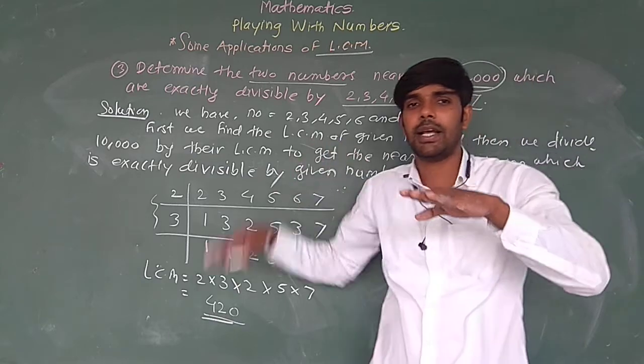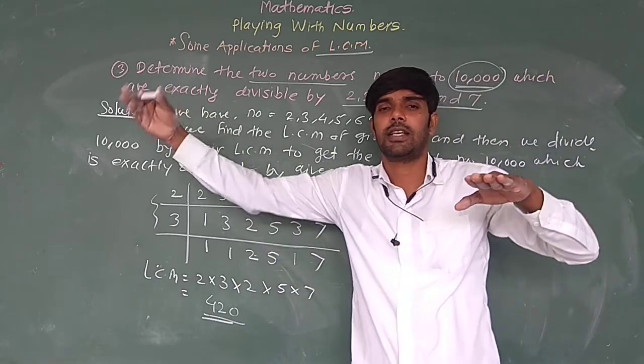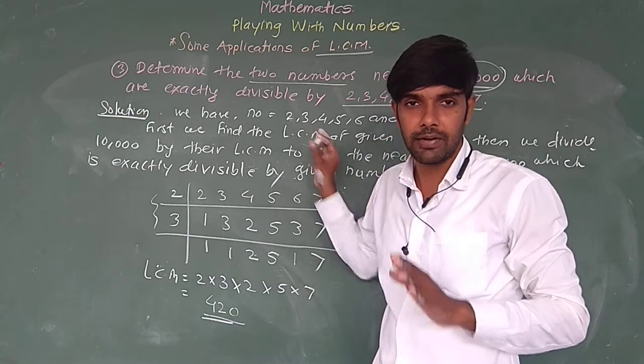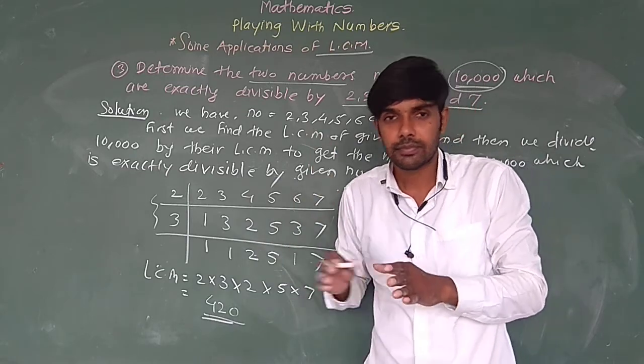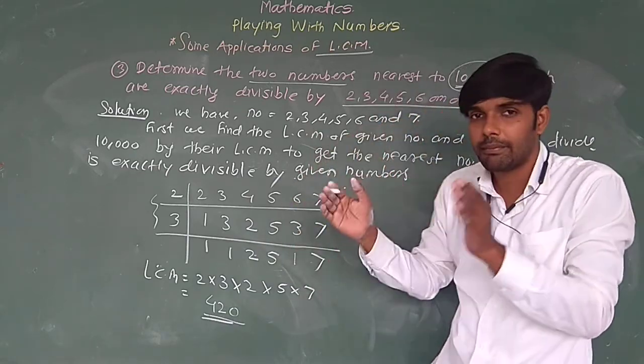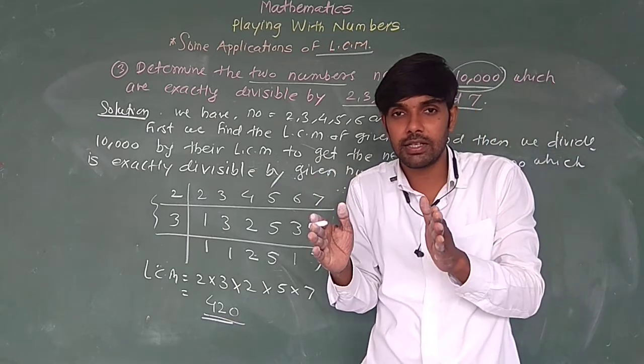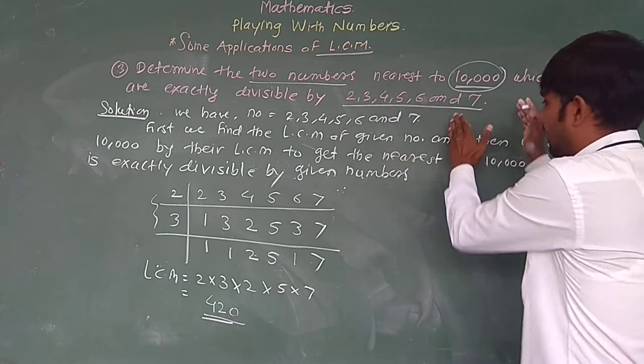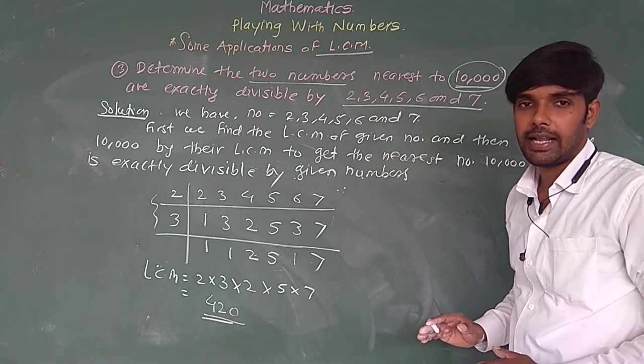Like this, we multiply the given number by 3, 4, 5, 6, 7, and all these numbers are exactly divisible by the given numbers. But here we want the number which is nearest to 10,000. That's why we divide 10,000 by the given LCM.